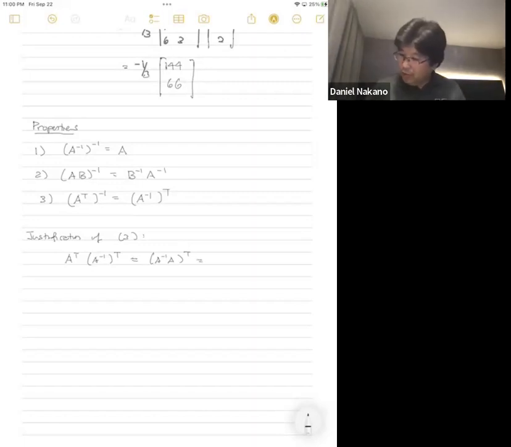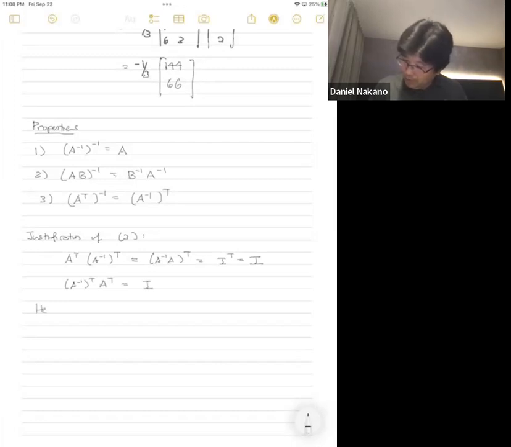And of course, A inverse A is identity, and the transpose of identity is just the identity matrix itself, because the identity matrix is a diagonal matrix, so its transpose is itself. And then similarly, you'll get A inverse transpose times A transpose. That's going to be identity too.